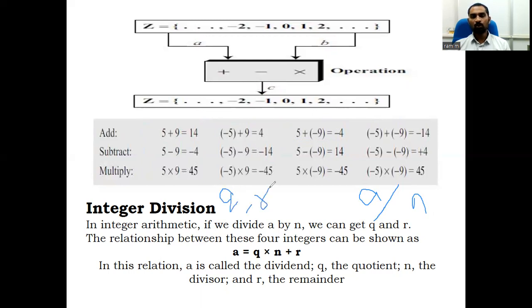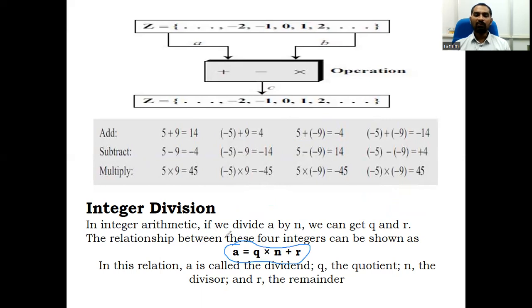In this scenario, we call a the dividend, and we call n the divisor. q is the coefficient we get, and r is the remainder. So we can represent a as a equal to q into n plus r.